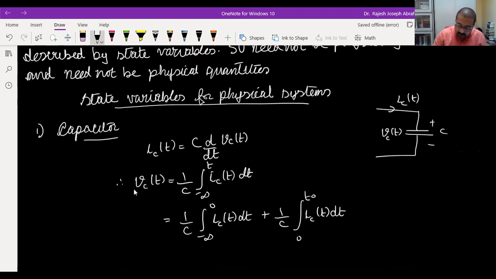If you compare that with equation A, you will see that VC of t is the voltage at zero initial condition plus the voltage at time t afterwards, corresponding to the input signal.